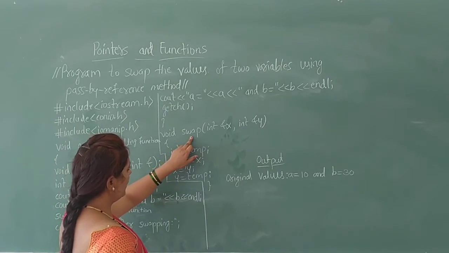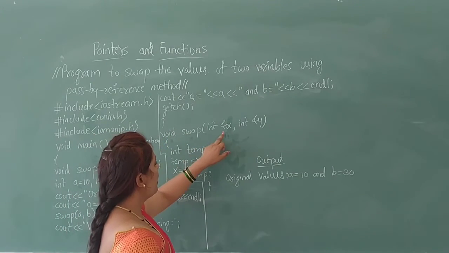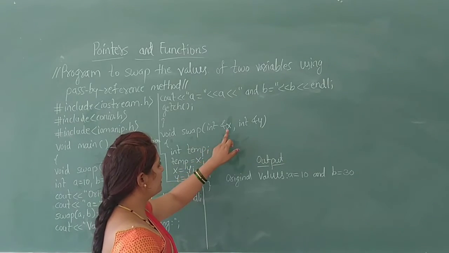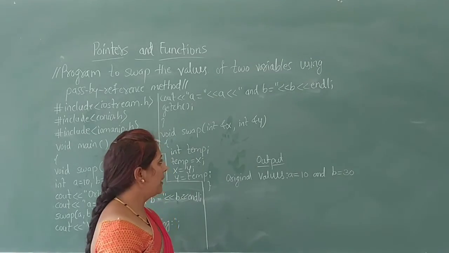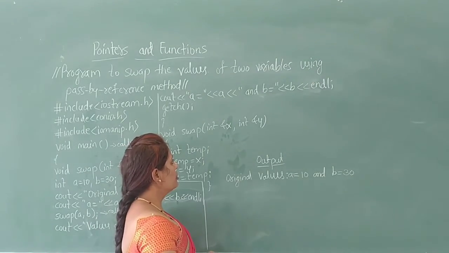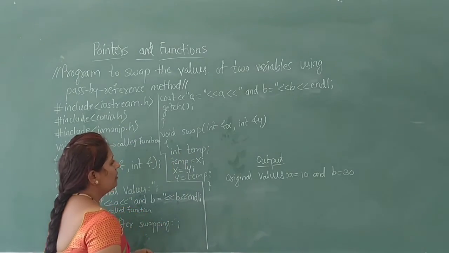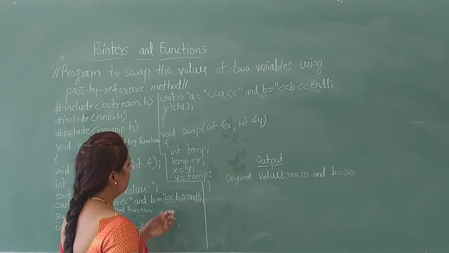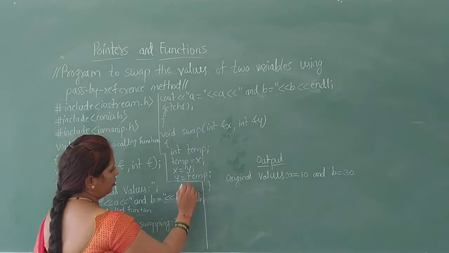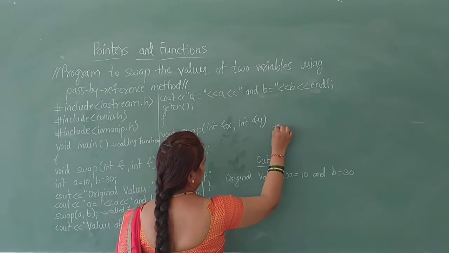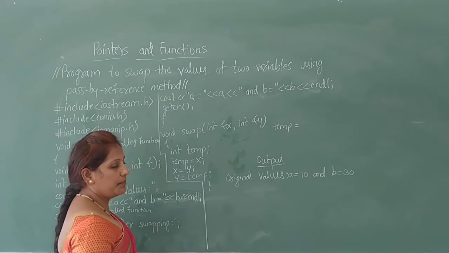Here the swap function is declared with the data type void, meaning it does not return any value, and it contains two formal arguments x and y with the address operator &, meaning it references the values from actual arguments, and it creates a variable temp with the data type integer. Next, temp is equal to x means the x value is assigned to the variable temp.